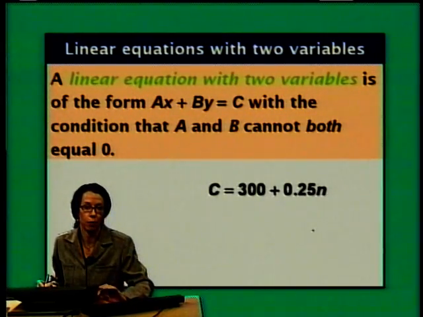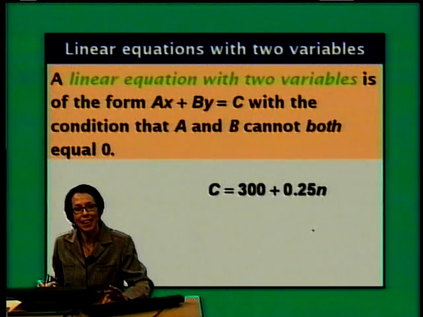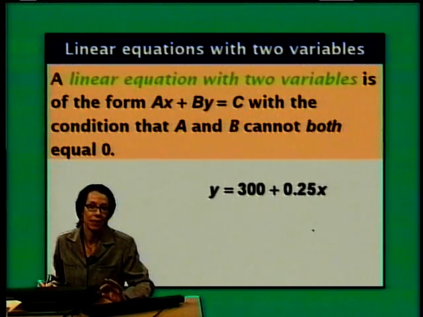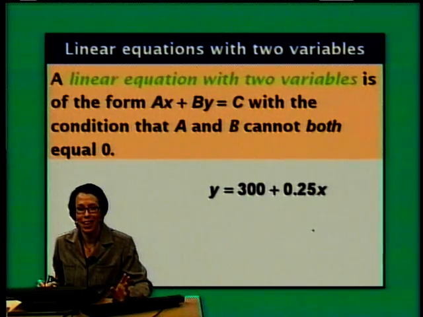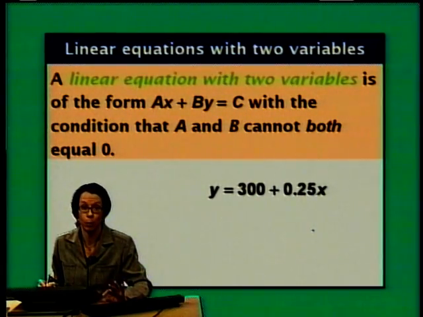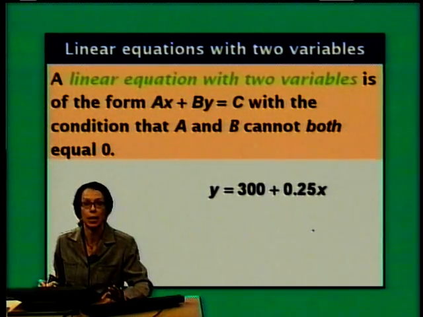Finally, here's our formula for cost. Again, I'm going to change the N and the C to X and Y, but again, we're no longer talking about water bottles and the cost of printing a slogan on the water bottles, but we have a similar equation with the same solution set.